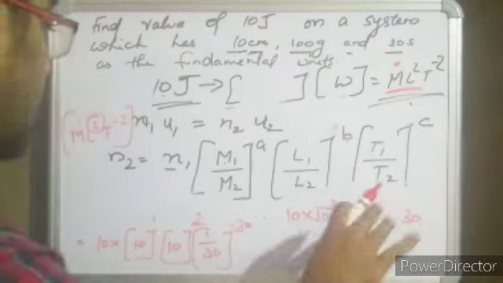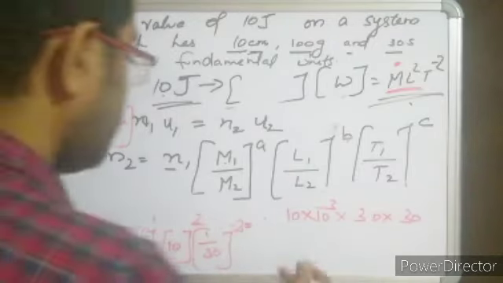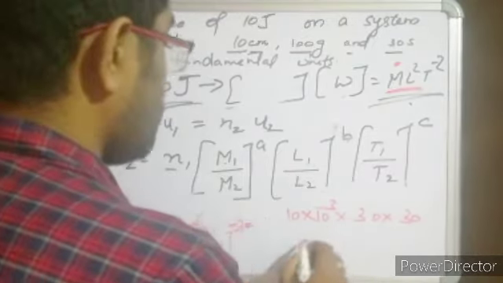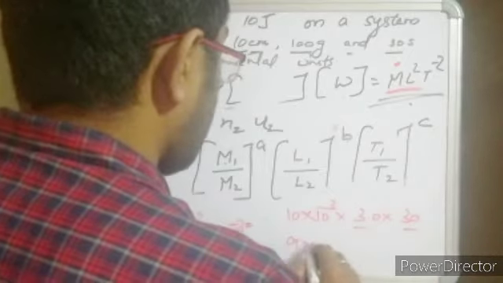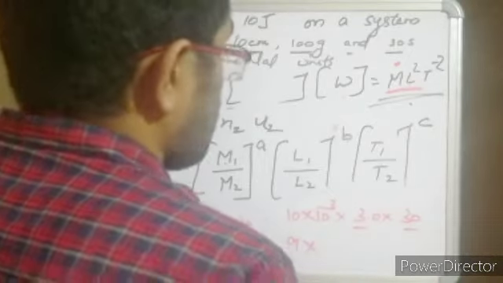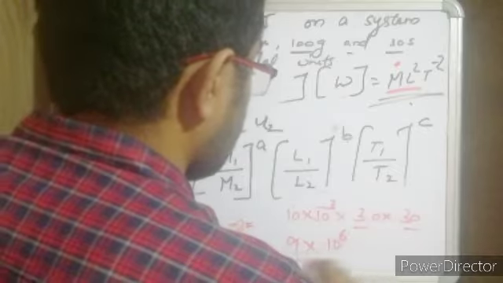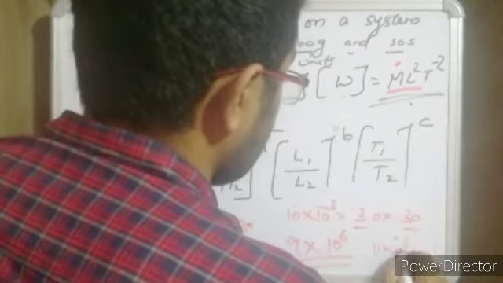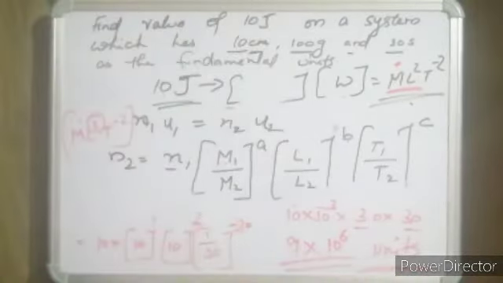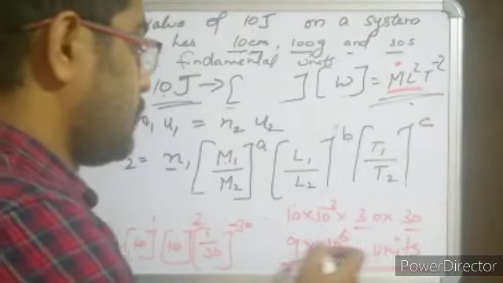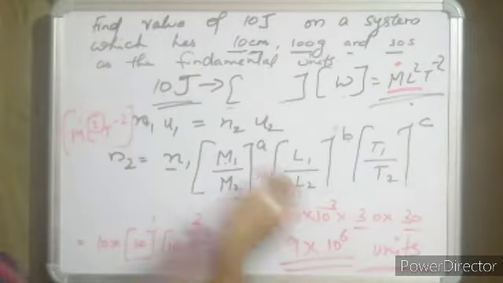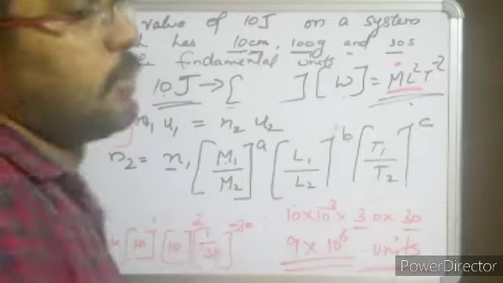So if I bring it up, it will become 30 into 30. So I will get 9 into 10 to the power 3 plus 1, 4, 5, 6 units, just a new unit. So 9 into 10 to the power 6, that is equal to 10 joule in our new system.